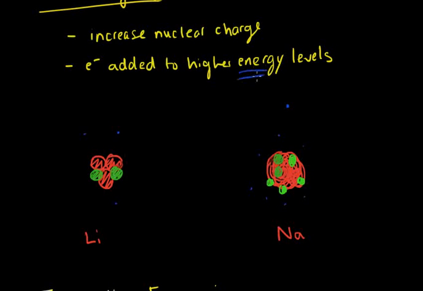What's also going to happen is these inner electrons are going to do something really interesting. They're going to shield that outer electron from the increased nuclear charge. This phenomenon is known as shielding.